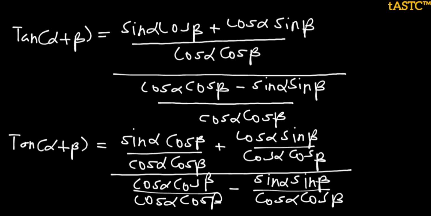Now from here we can see that cos beta is going to cancel, and cos alpha cancels on top, and here the whole stuff gets cancelled. So this cancels, and I'm going to wipe these out now.